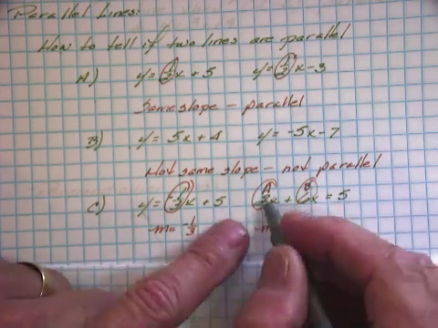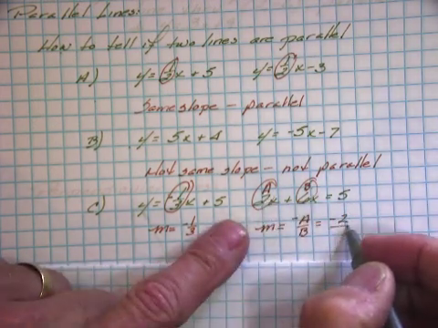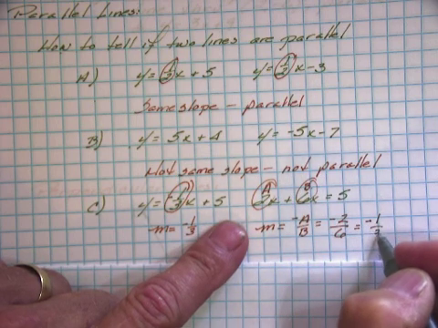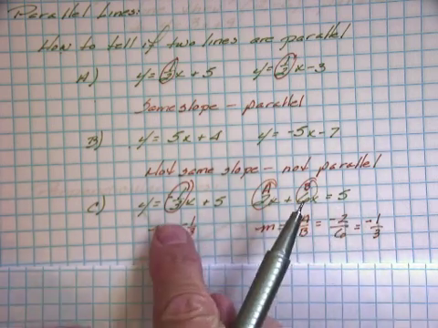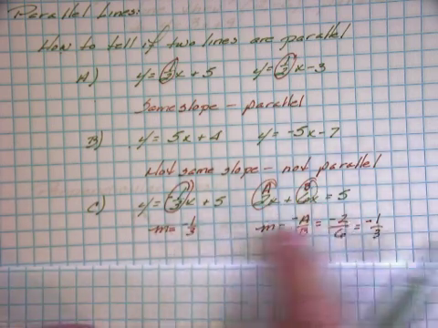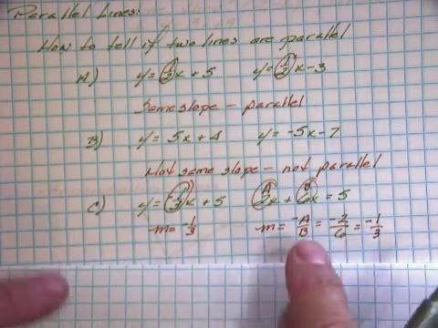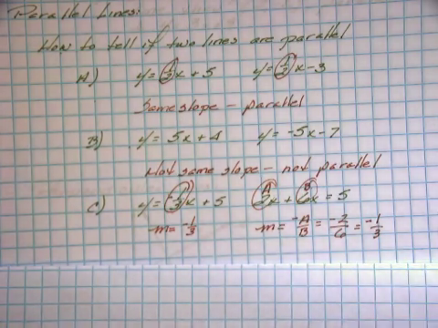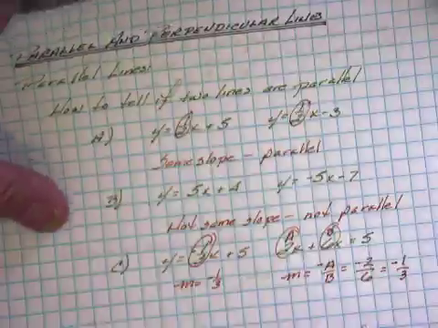So negative 2 goes in the numerator and 6 goes in the denominator, and that reduces to negative 1/3. Here's a case where they were in different forms and you had to do a little work ahead of time to figure out if they had the same slope. In this case, they do have the same slope, so they are parallel. Just a couple quick ones there.